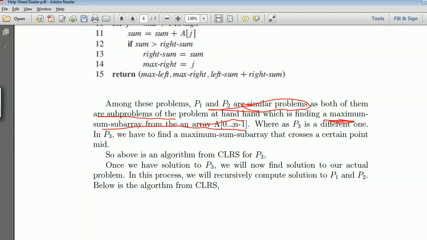Then P1 is a subproblem of this problem, because you want to find a maximum sum subarray of some part of it. Same goes for P2, whereas P3 is different, because in P3 we have to find a maximum sum subarray such that it crosses a certain point mid.